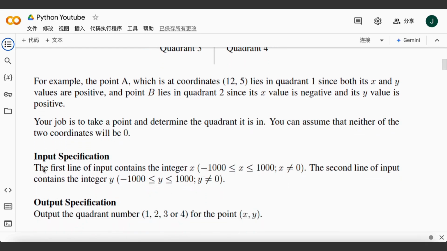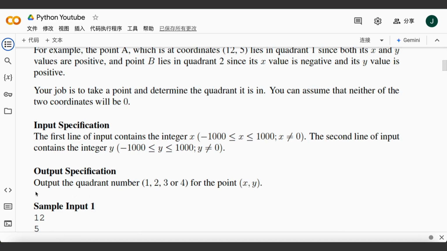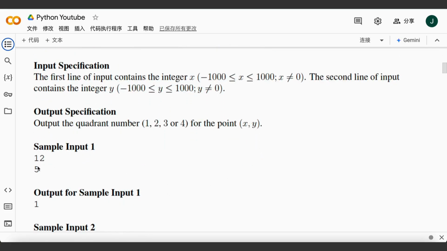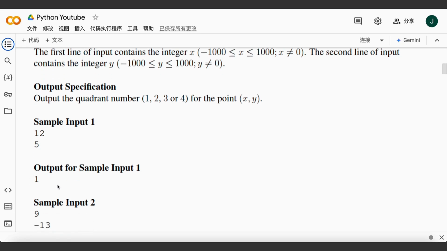Here's the input specification. The first line of input contains the integer x, where x is not equal to 0. The second line of input contains the integer y, where y does not equal 0. The output specification is the quadrant number for point x and y, right? So we've got the input here, 12 and 5, and the output is quadrant 1.